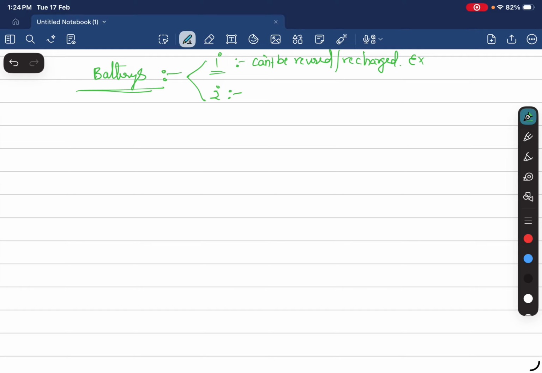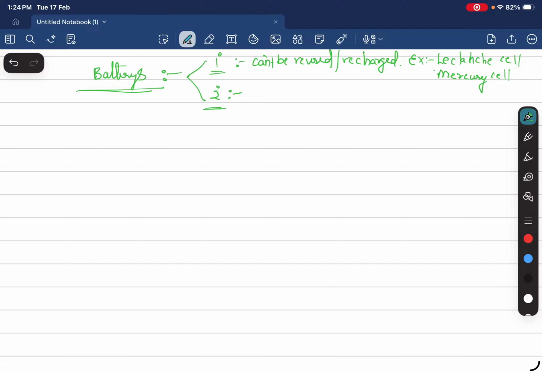Examples for this: Leclanché cell, also called dry cell, and mercury cell. Mercury cell is used in watches, that small button battery.